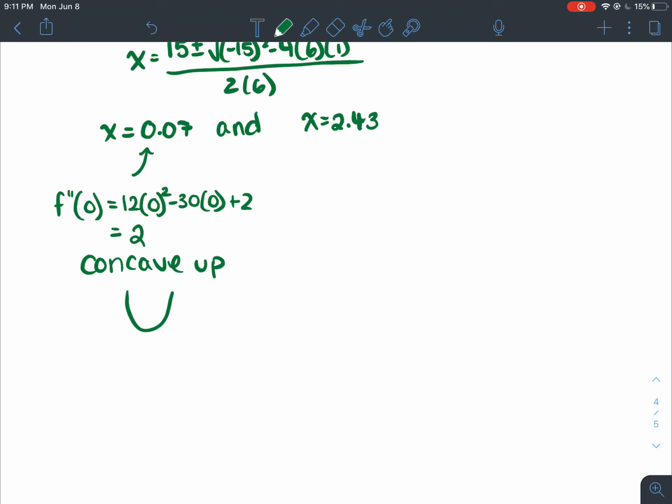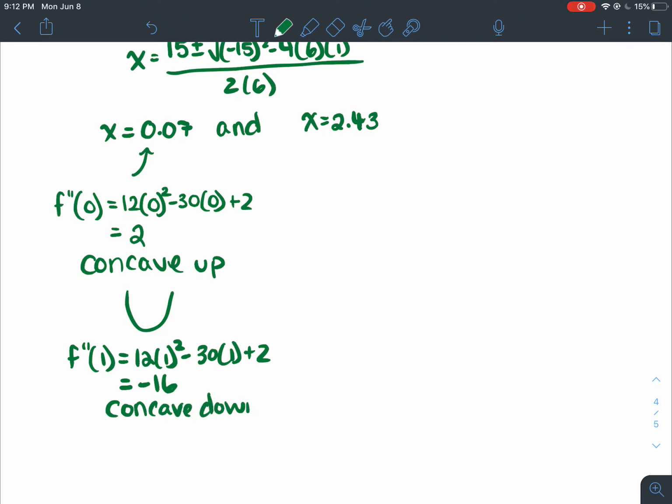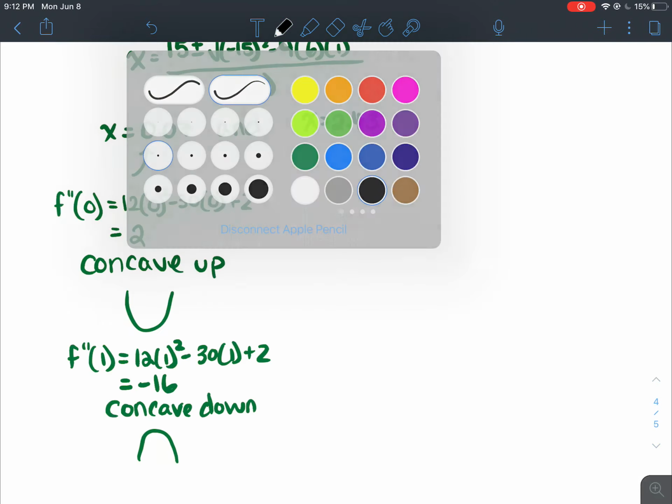Okay, and then if we pick a value on the other side of 0.07, like 1, and we sub that into 12 times 1 squared minus 30 times 1 plus 2, then we get negative 16, which indicates that your graph is concave down at that point, like so. So since our graph goes from concave up to concave down, this is a point of inflection.